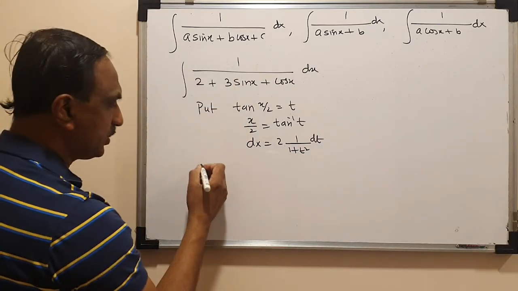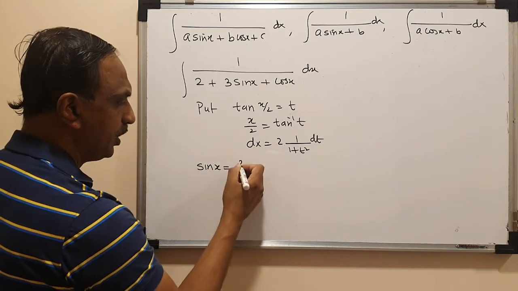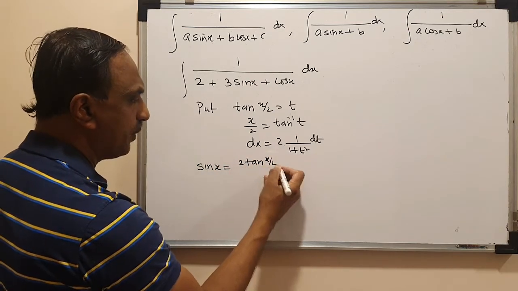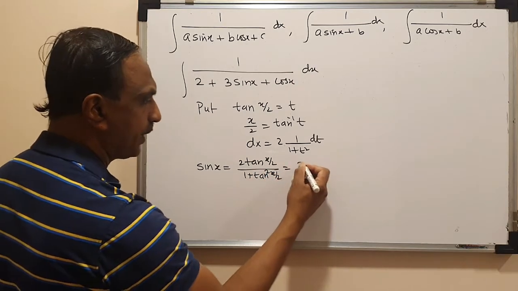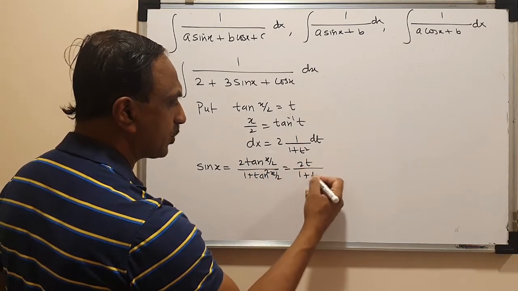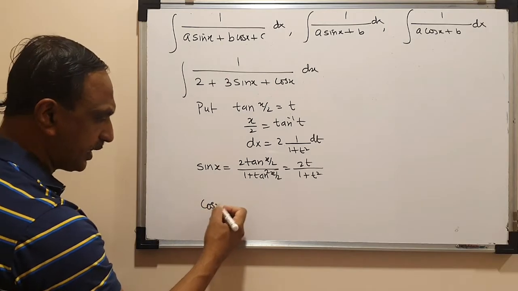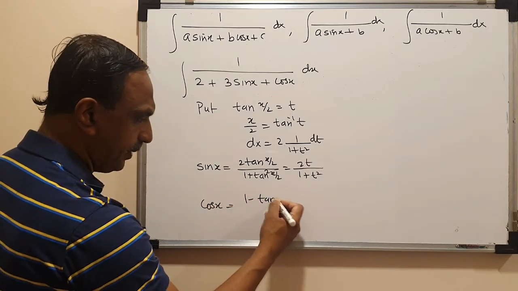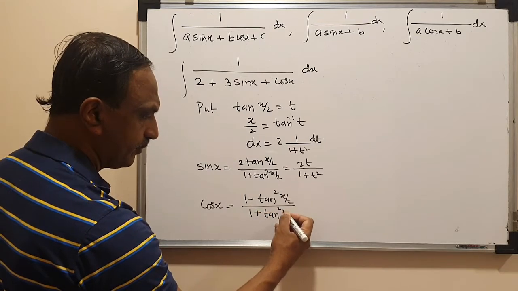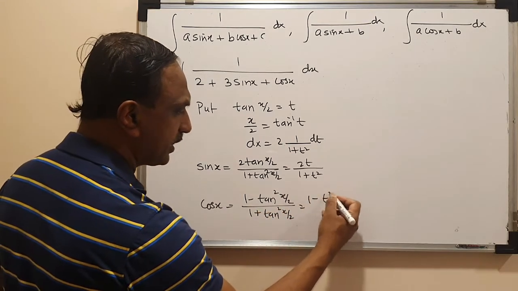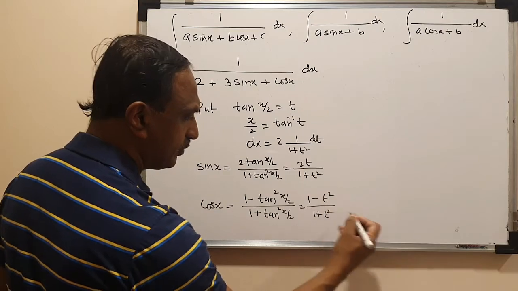Then sin x can be replaced by 2 tan x by 2 upon 1 plus tan square x by 2, so that becomes 2t upon 1 plus t square. Cos x can be replaced by 1 minus tan square x by 2 upon 1 plus tan square x by 2, that became 1 minus t square upon 1 plus t square.